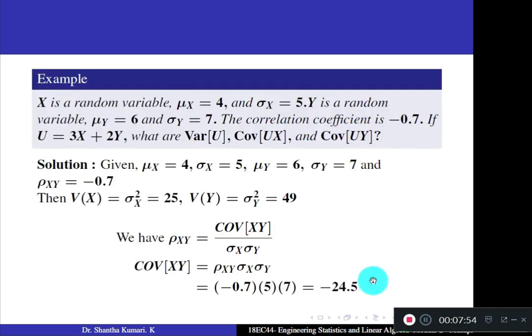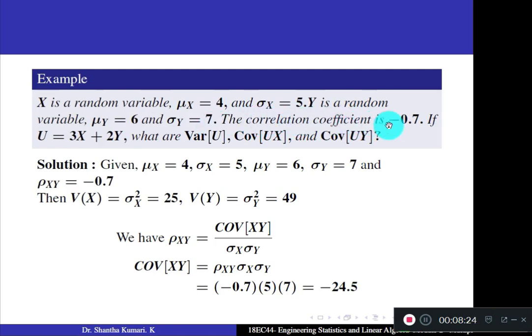Now let us work out one problem with this type of transformation. x is a random variable with mu x equal to 4. Mu x means the mean of x, and sigma x equal to 5 means the standard deviation of x is 5. y is another random variable with mu y equal to 6 and standard deviation sigma y equal to 7.